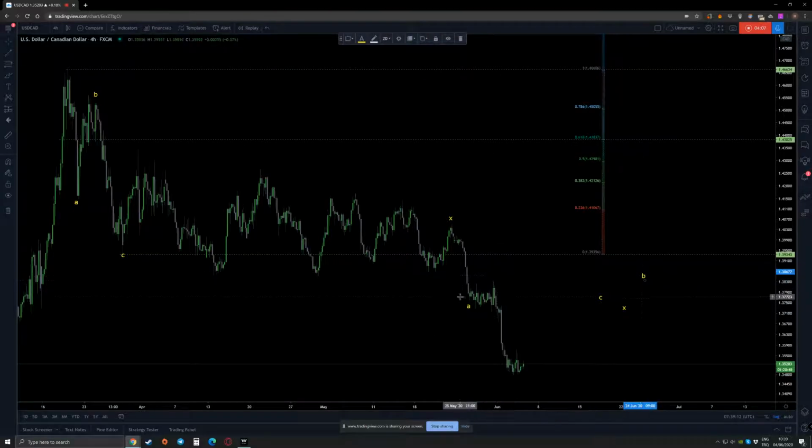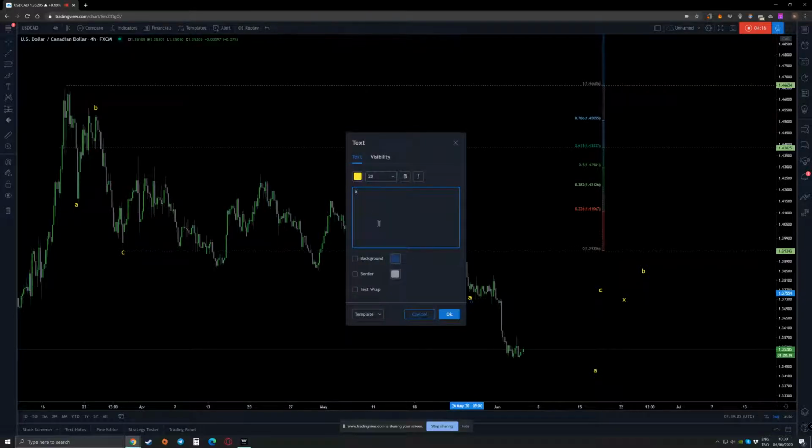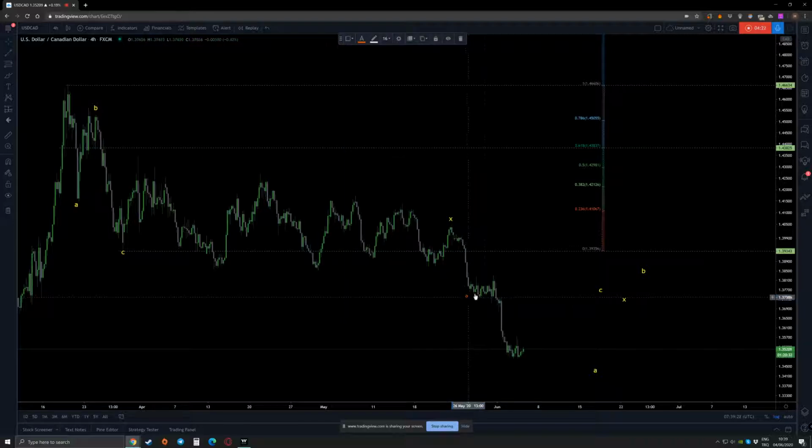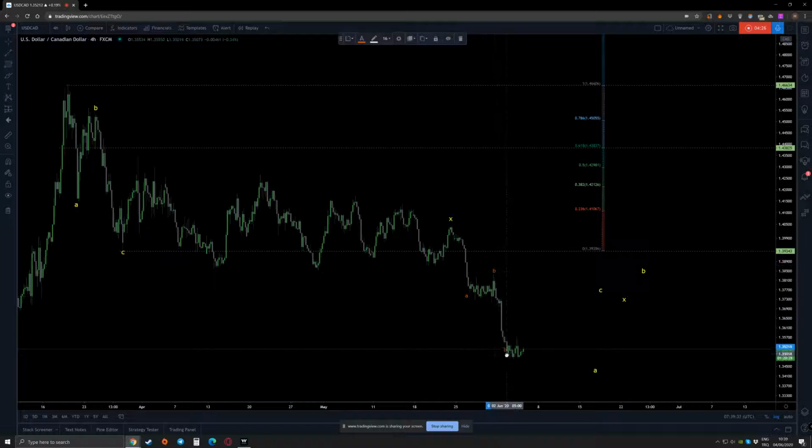So what we are looking for is a wave A. True? True. But this wave A can be on this level, something like this. For me, it makes more sense to have a wave A here, wave B here, and a wave C here.